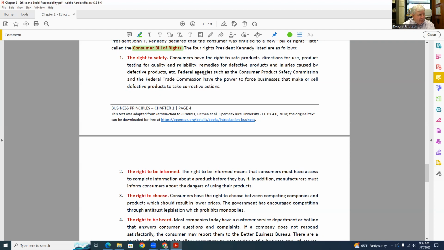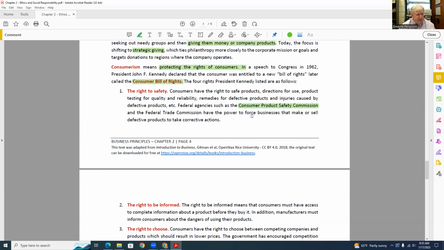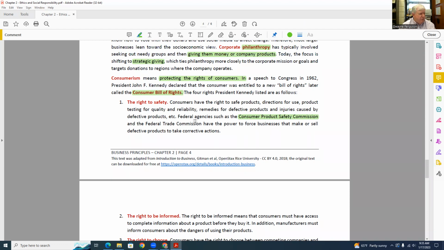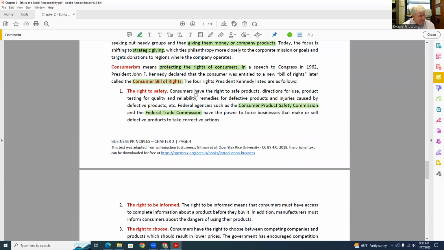But there are agencies like the Consumer Product Safety Commission that could pull a product off the shelves if it's unsafe, and could fine companies if they're providing something that's unsafe. So the FTC, if something's being advertised a certain way, can make them do corrective advertising or fine them. So that's the right to a safe product.